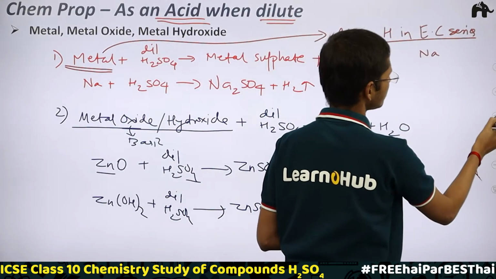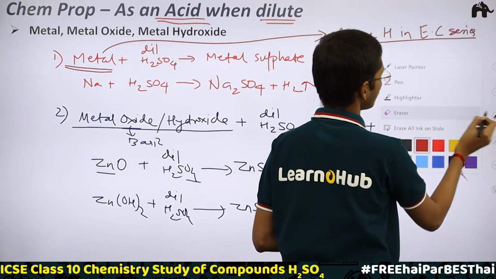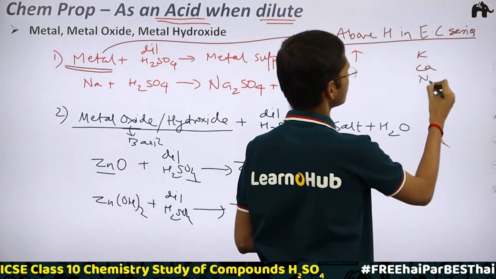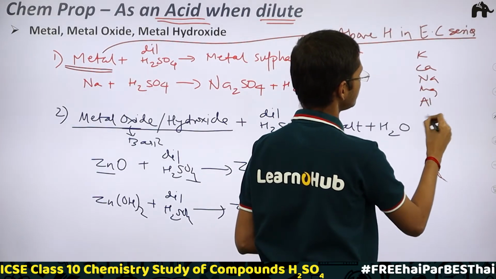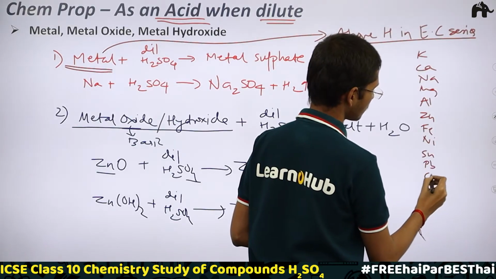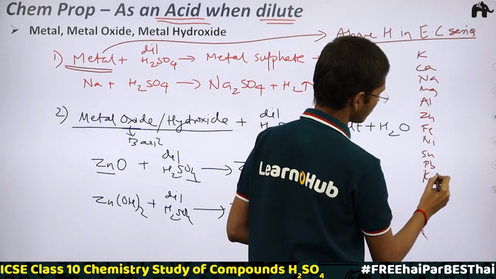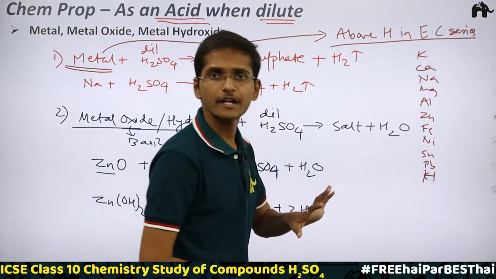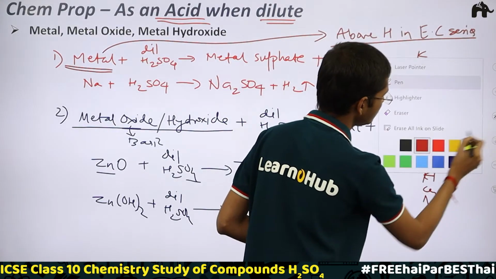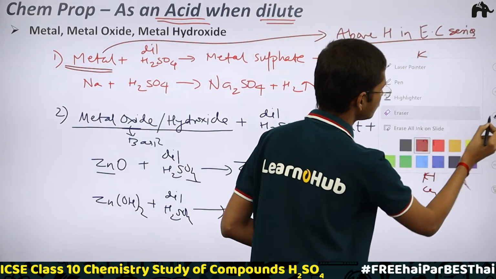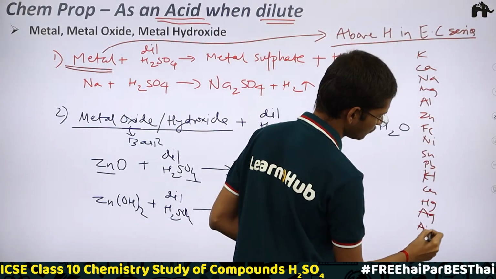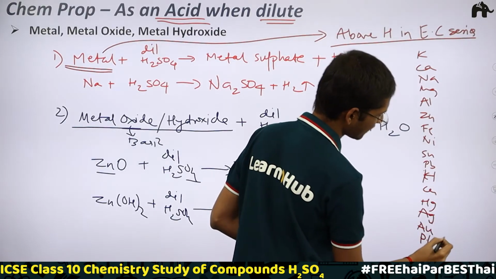So what are those elements? I would just jot them down in the same order: potassium, calcium, sodium, magnesium, aluminium, zinc, iron, nickel, tin, lead, hydrogen, and then Cu, Hg, Ag, Au, Pt, platinum.